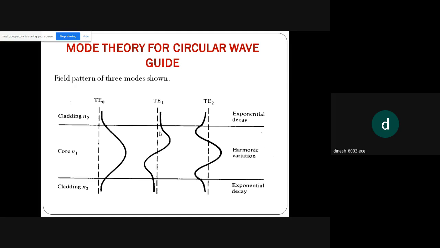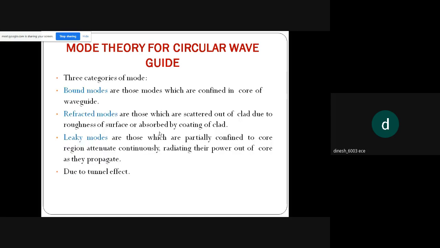Since there are more crossings, there are more losses in that. So that is what the leaky modes are. So leaky modes are those which are partially confined to the core region and attenuate continuously, radiating their power out of the core as they propagate, which is mainly due to the tunneling effect.